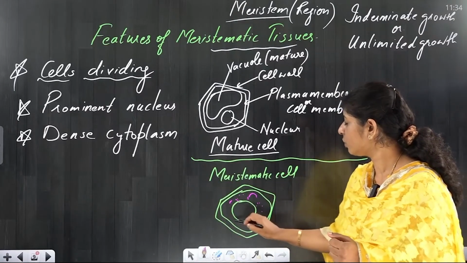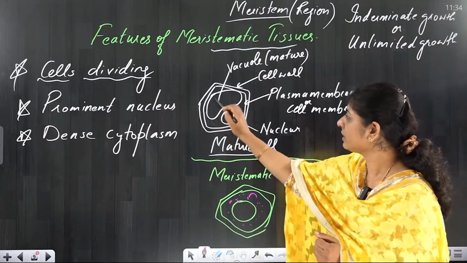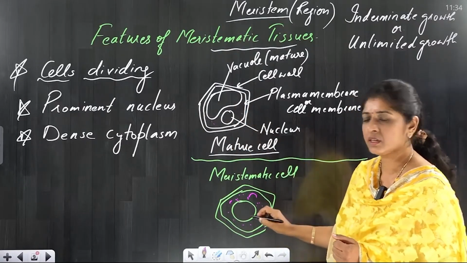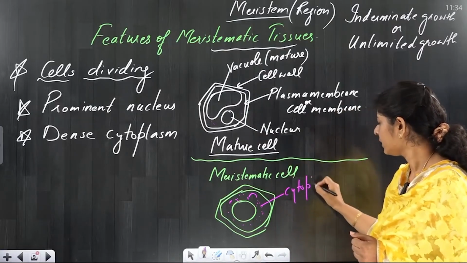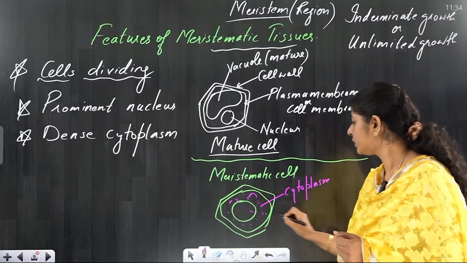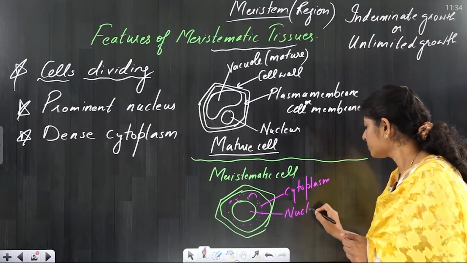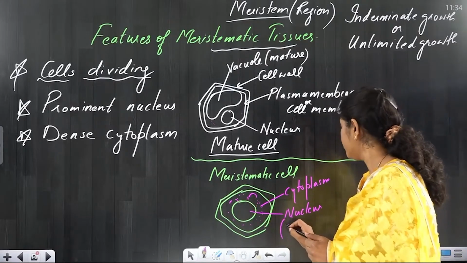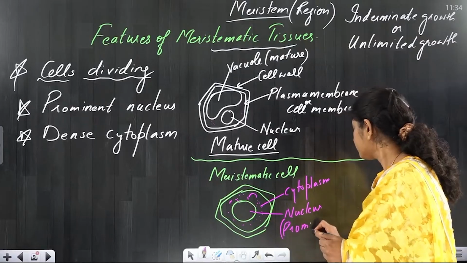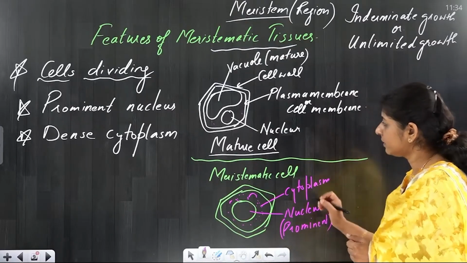Cytoplasm is there, very prominent. Even here cytoplasm is there, but it is not that dense. Very dense cytoplasm will be there. And this thing I discussed with you, this will be the nucleus part, which is going to be clear, or you can say prominent. Prominent nucleus will be there, right?